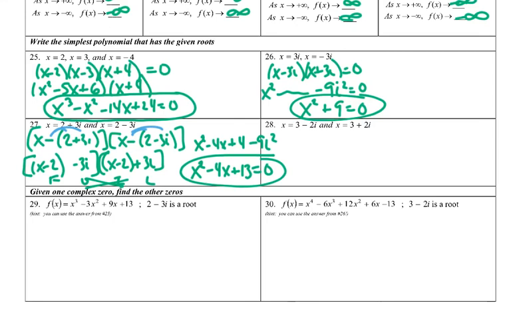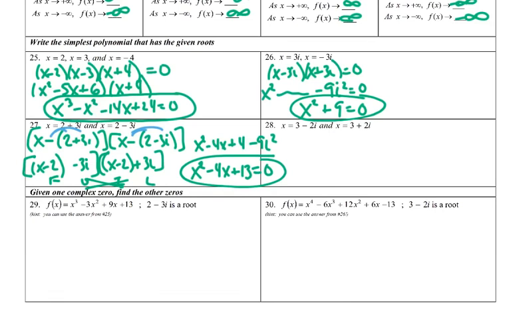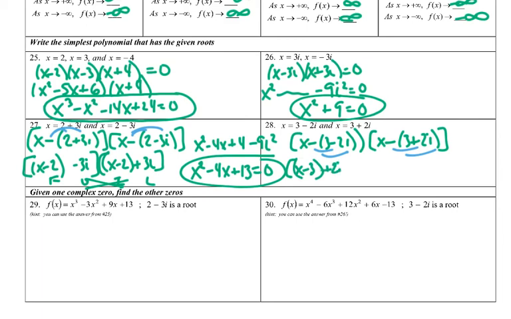Doing another one here, x minus the quantity 3 minus 2i, and x minus the quantity 3 plus 2i. Again, I'm going to distribute and regroup, so I get x minus 3 plus 2i, and x minus 3 minus 2i.